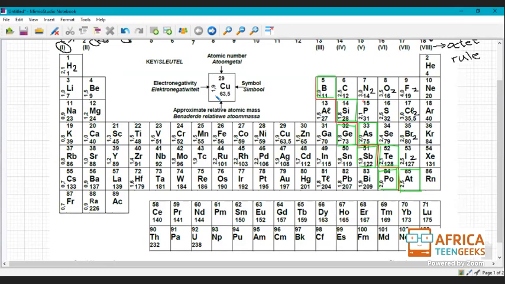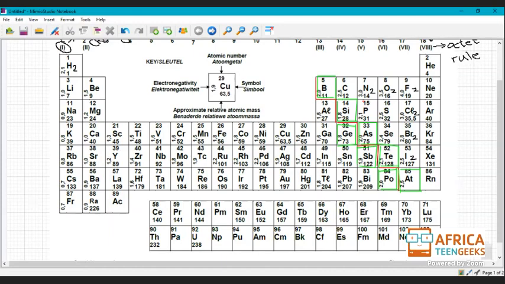Electronegativity tells me how strongly that atom pulls other electrons close to it, so bonding electrons or transferred electrons. There are lots of things that influence electronegativity. You do not have to know that for exam purposes.